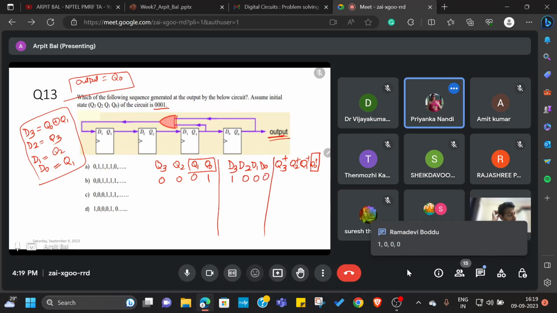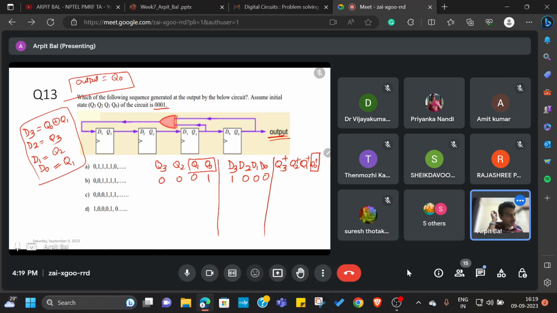Correct. So what is the next state? It is going to be the same as D. Correct. Now D3 is the present state. Now it is 1, 0, 0. Correct.